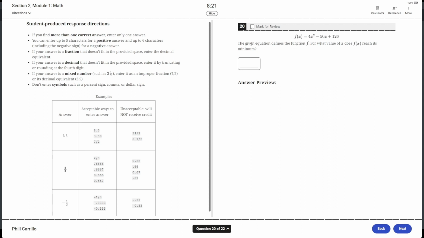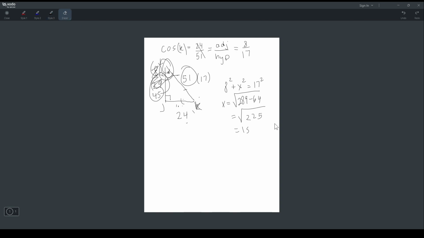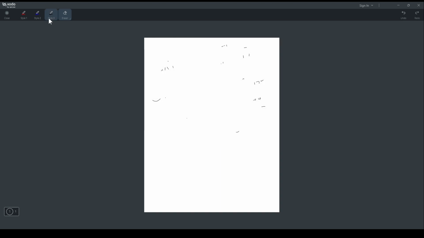You've got a quadratic. Minimum. What's the minimum? Oh, that's the vertex. Okay, let's do the vertex. I'm wasting time doing this. So the vertex is negative b over 2a.